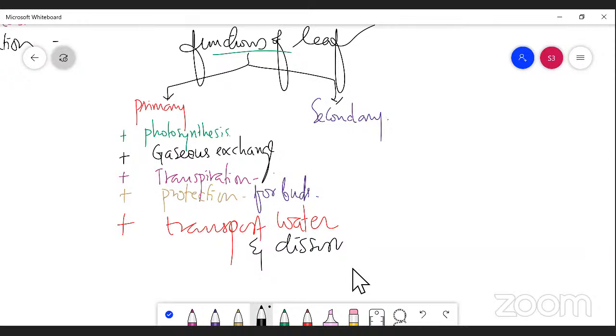Dissolved solutes, simply we can say. So these are the functions of leaf, right? Then what about the secondary function? The secondary function, the first thing is storage.